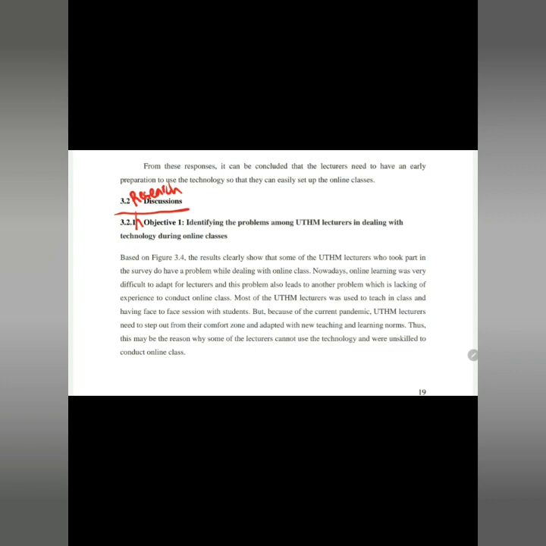I know in your objective you will have to identify and whatnot, so change it into headings, like this one: identifying the problems among UTHM lecturers in dealing with technology during online classes. What you put here is mainly your opinion, your ideas, your arguments, your discussion, about this objective only. So you write everything to get the answer here.